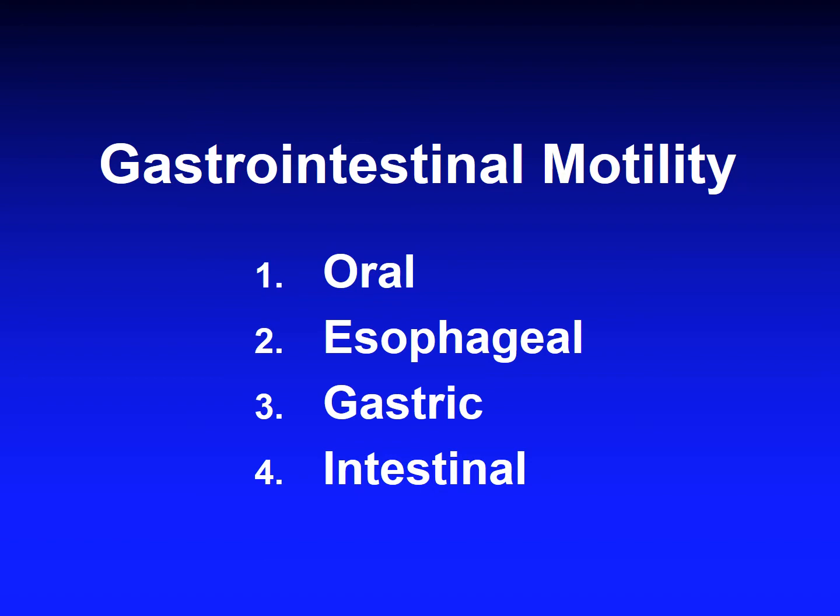The pharyngeal stage has no digestion. It only involves motility, swallowing. I said that the oral stage is under the control of the mandibular and the trigeminal nerves, whereas the pharyngeal stage is under the control of the glossopharyngeal and the vagus nerves.